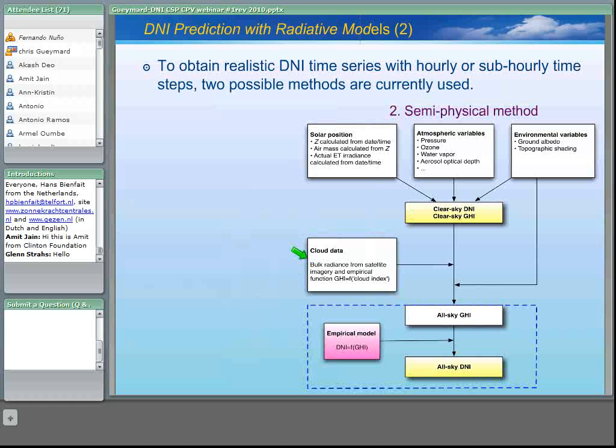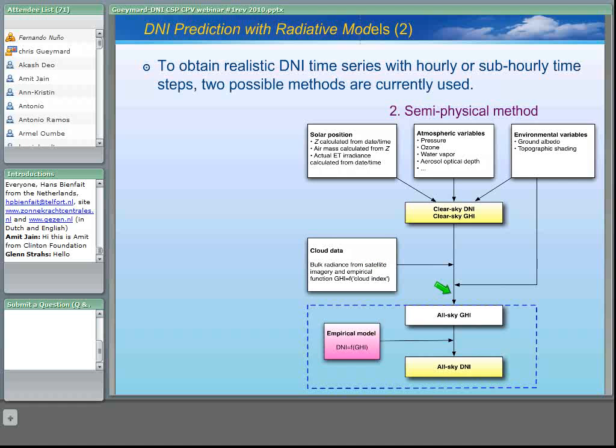and this is translated into some kind of cloud index and this is empirically related to the surface global irradiance, horizontal irradiance. So there's an empirical function here that relates global irradiance to the cloud index, which is itself a function of cloud cover.